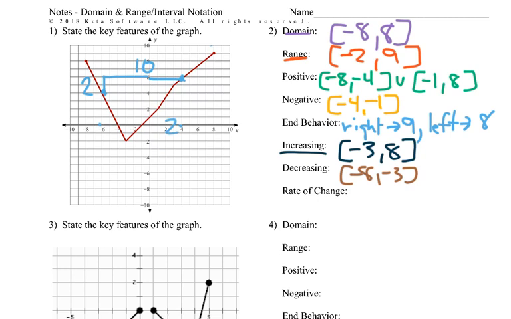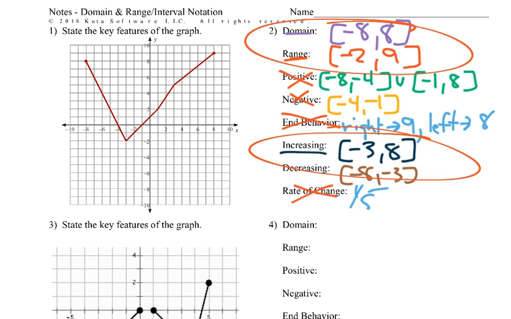So it'd be 2 over 10, which is 1 over 5. But depending on which points you choose for rate of change, it's going to determine which ones are different or not. But again, when it comes down to it, positive, negative, end behavior, and rate of change, we don't care as much as these two sets.